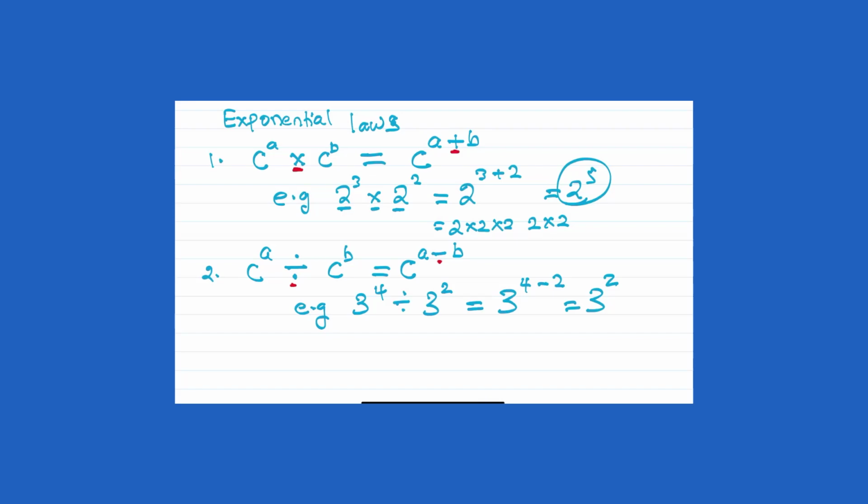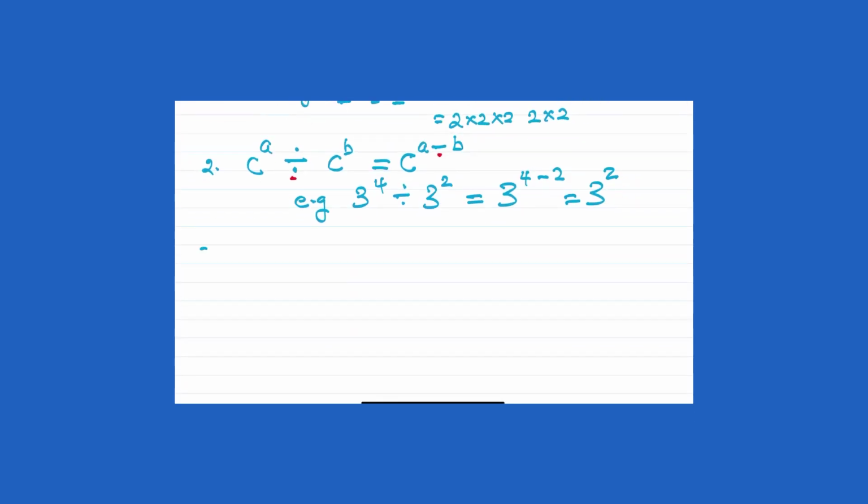Now we'll go to the third rule, which will be c to the power of a, and then we have a parenthesis. And this parenthesis has really set a barrier whereby we need to multiply the power. So this will now become c to the power of a times b, and that becomes c to the power of ab.